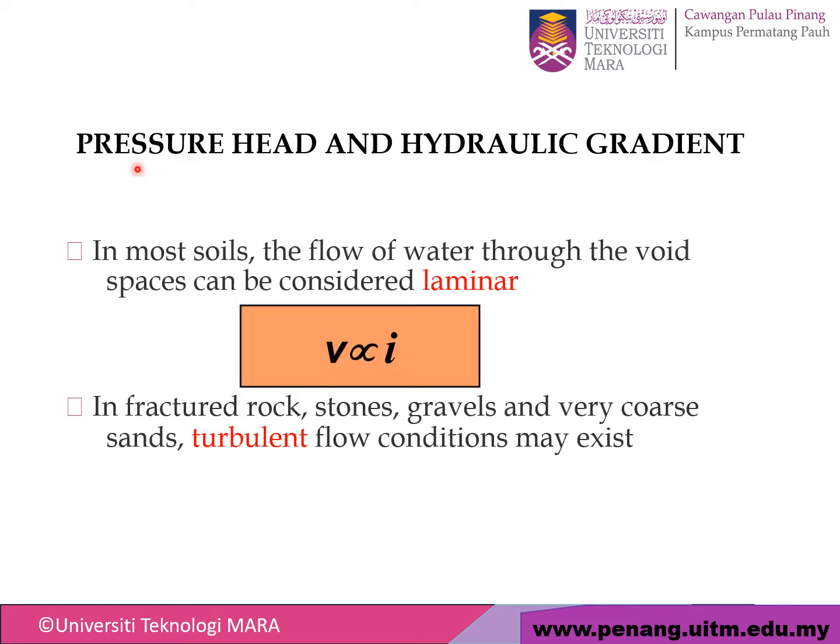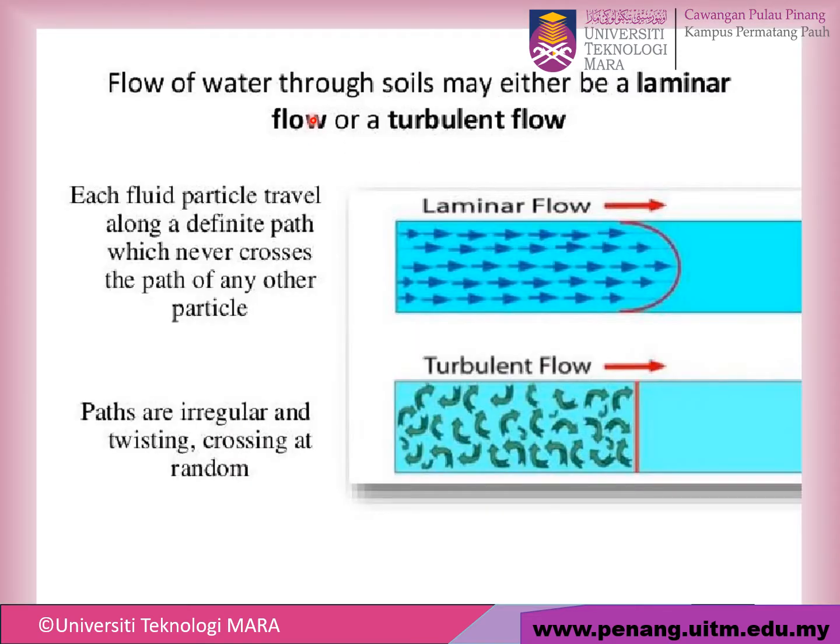Pressure head and hydraulic gradient. In most soil, the flow of water through the void spaces can be considered as laminar, with v proportional to i. In fractured rock, stone, gravel, and very coarse sand, turbulent flow conditions may exist. Alright guys, flow of water through soil may either be laminar flow or turbulent flow.